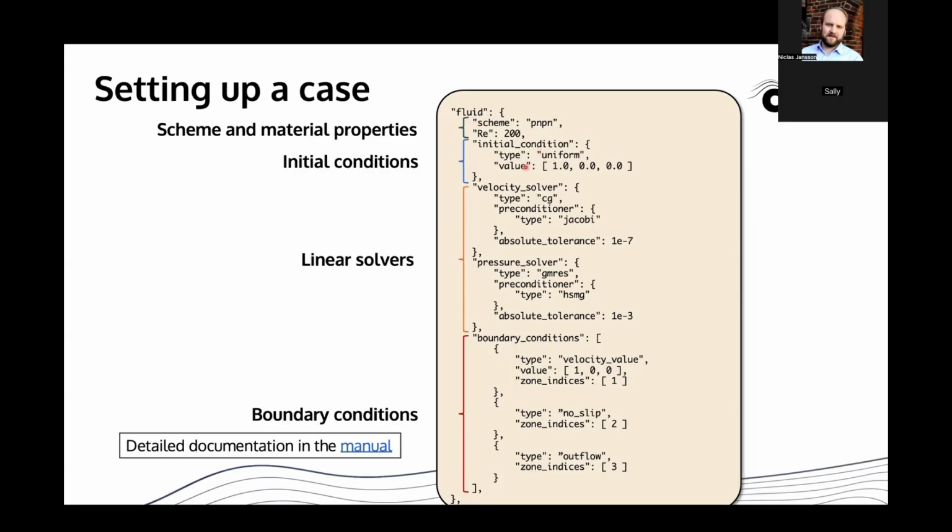So if you have a uniform flow, one in the x direction, you just give a value, a vector value, and this would be your initial condition for the flow. Solver blocks, the linear solvers for velocity and pressure, follow the same pattern. Depending on the type, you can get more sub-options. The preconditioner is a good example of a sub-block coming from the type. And again, if you look at the pressure one, the HSMG, this additive Schwarz one, there you have a lot of parameters.